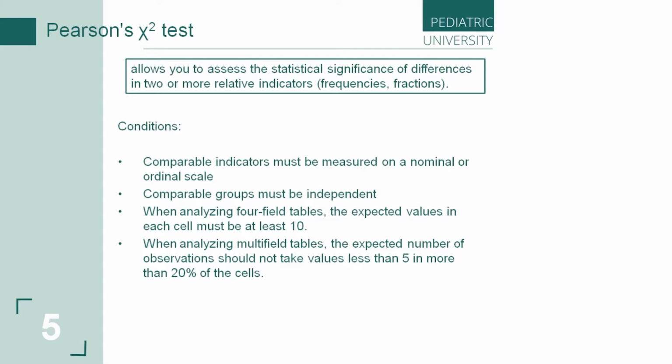When we analyze 4-field tables, the expected values in each cell must be at least 10. This will be clear from the example. And when we analyze multi-field tables, maybe 2 by 3, 3 by 5, 5 by 10, 5 by 7, the expected number of observations should not take values less than 5 in more than 20% of the cells.